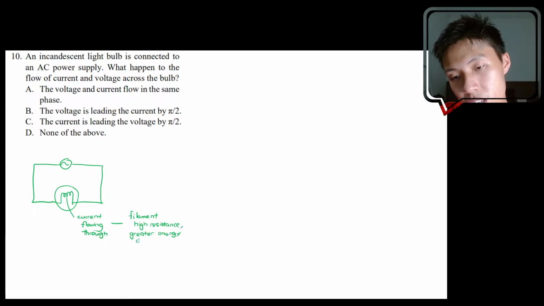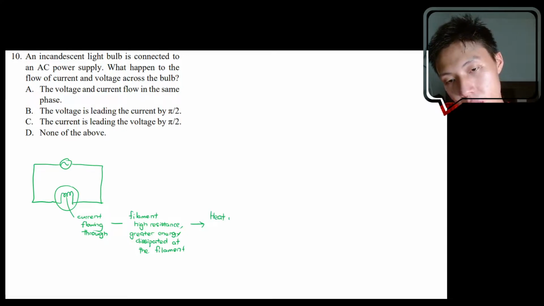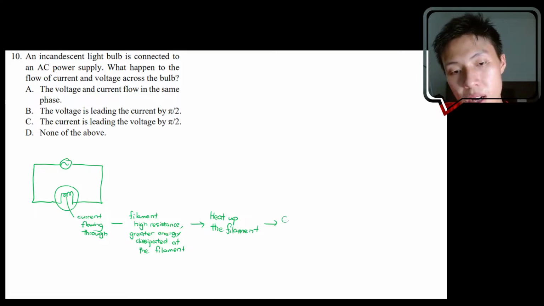Because you have greater energy dissipated at the filament, you heat up the filament to a certain temperature, and it will glow. That's how you light up an incandescent light bulb.